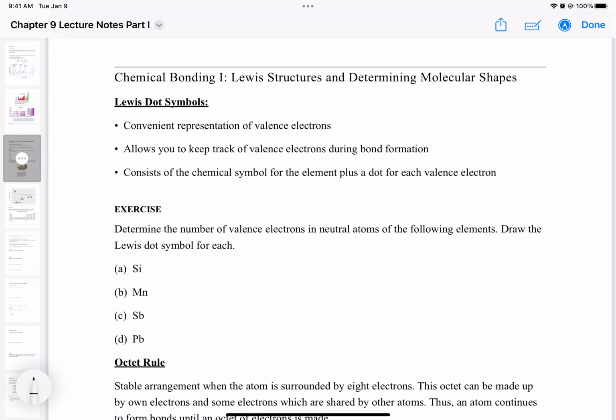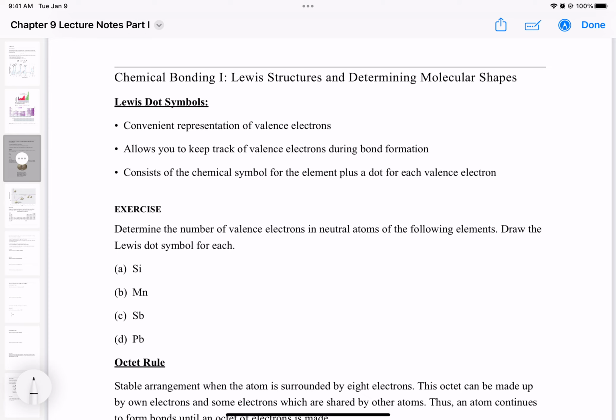Okay. All right, so Lewis dot symbols are convenient representations of an atom and an atom's valence electrons. Depending on what kind of chemistry you study, usually we don't care about the core electrons of an atom, generally because they don't do anything unless you disturb them.